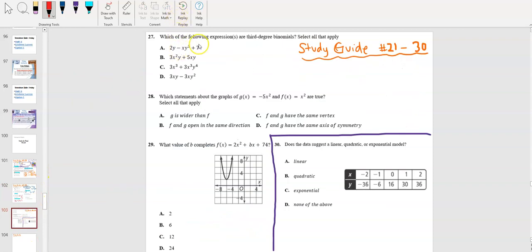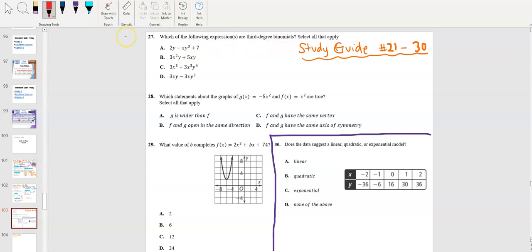Number 27 is looking again at our binomial degrees, so similar to some of the questions we had previously in videos, except we're looking at all of the degrees. So even if they're not written in standard form, where we go from the highest degree to the smallest, we're going to look at all the degrees of each term and identify which ones are third degree. That means that the exponents of the variables add up to 3.